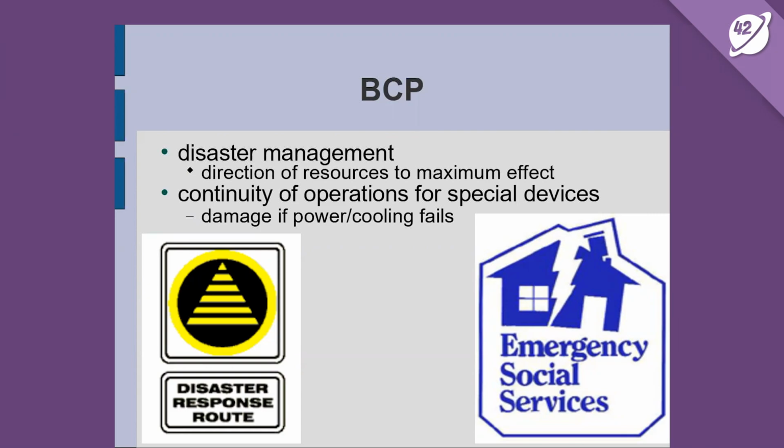Again, the continuity of operations for these special devices is definitely going to be an issue. Talking about the power, talking about the cooling, what is going to happen if there's failures there.